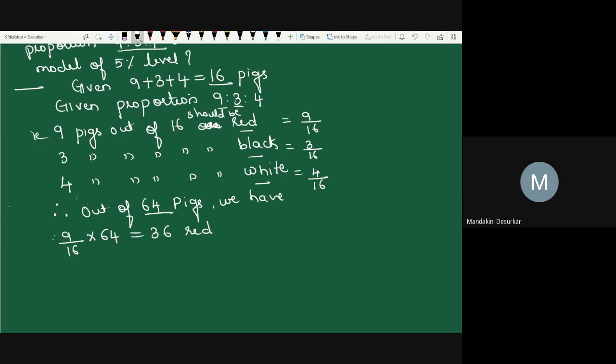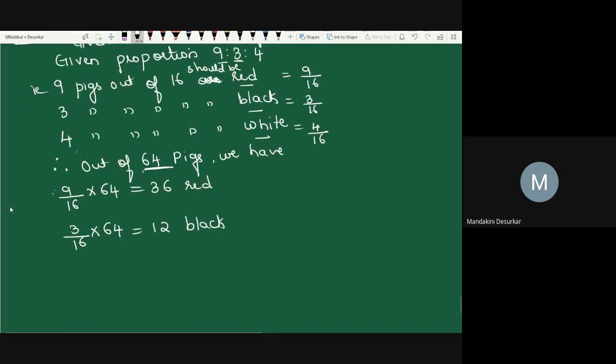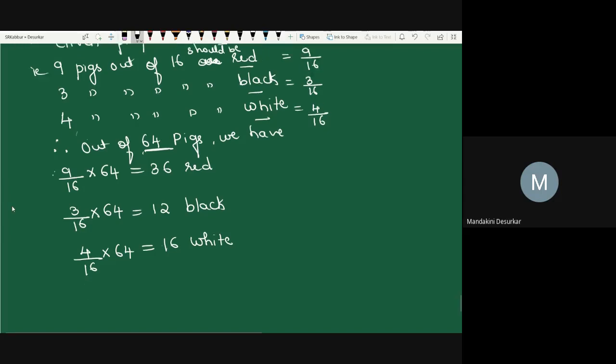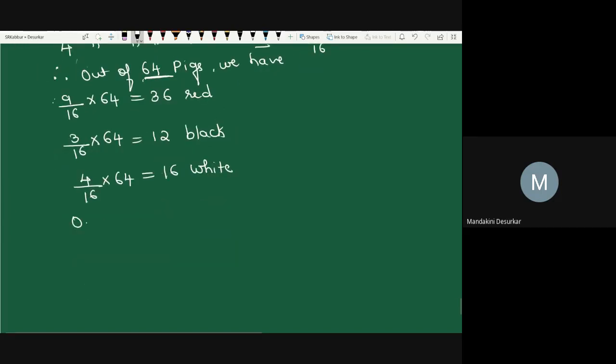In the same way, 3 by 16 multiplied by 64, because total pigs are 64, gives 12 black. 4 by 16 into 64 gives 16 white. So what is my observed and what is my expected frequency?